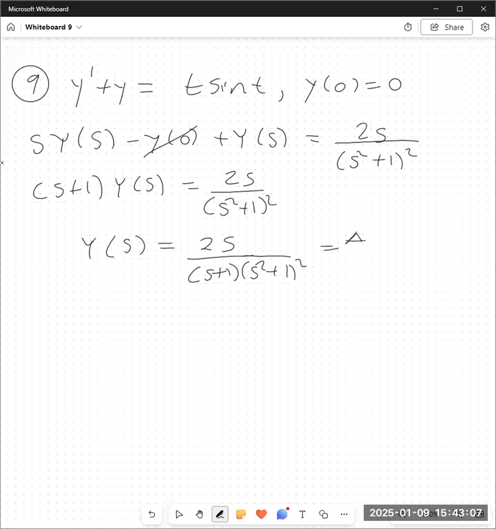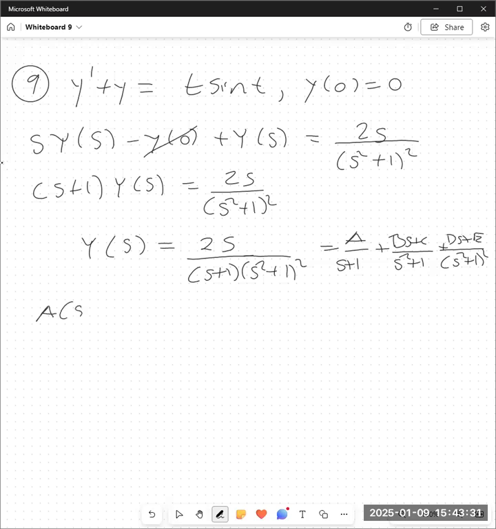So that needs to be equal to A over s plus 1 plus Bs plus C over s squared plus 1 plus Ds plus E over s squared plus 1 quantity squared. And let's go ahead and solve that.